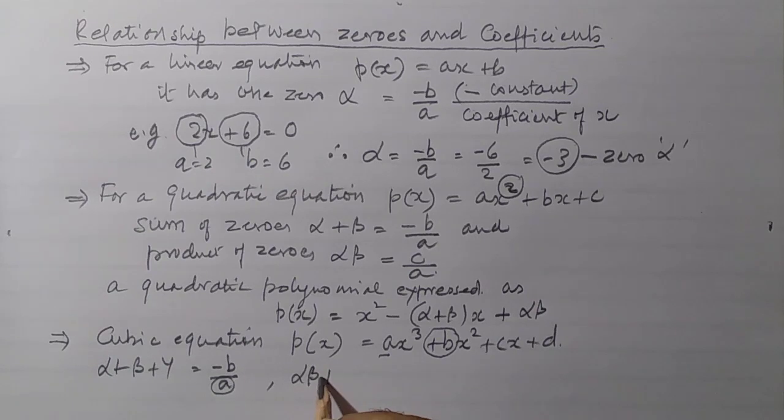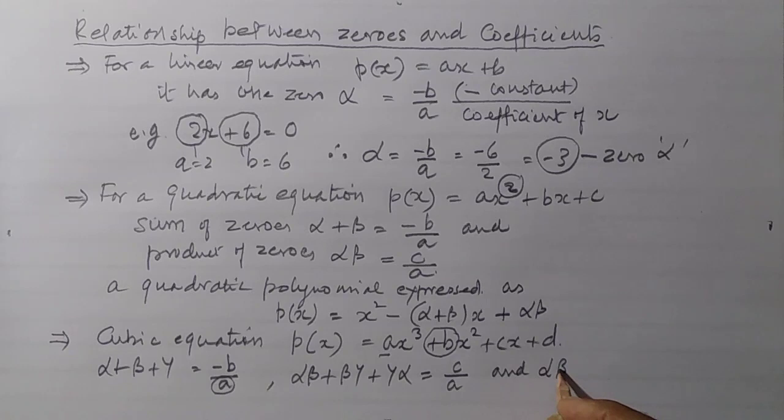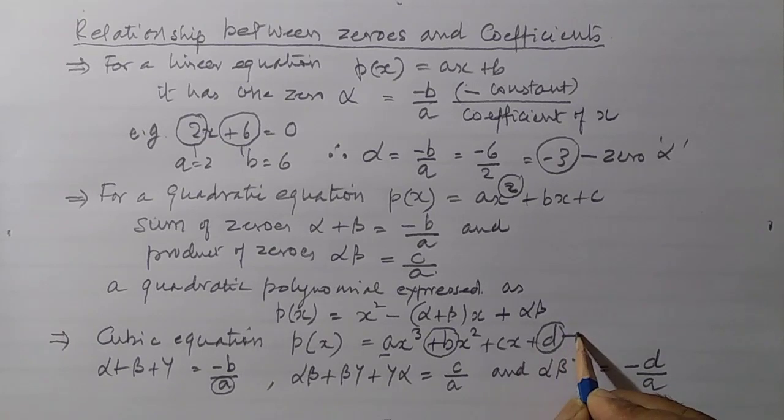Alpha multiplied by beta plus beta multiplied by gamma plus gamma multiplied by alpha would become c upon a, and the product of the three zeros, alpha multiplied by beta multiplied by gamma, is equal to minus d upon a. Remember that d is the constant.